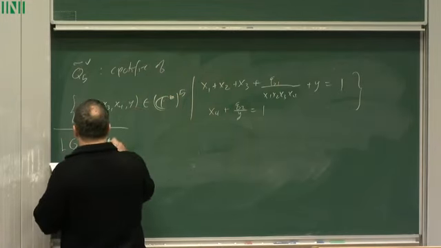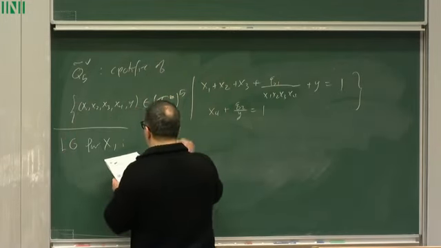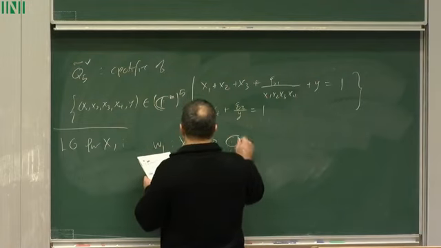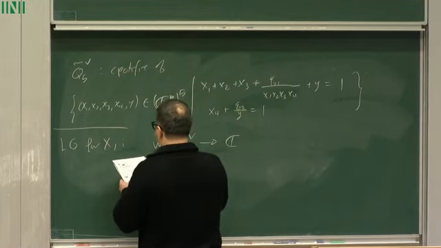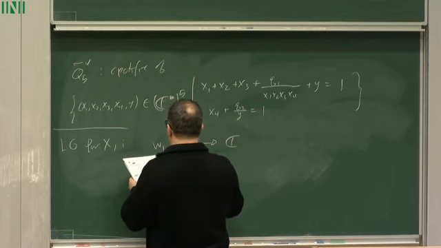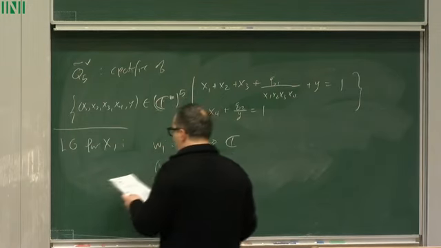LG for X1 is given by the superpotential W1, X1 check to C, sending X1, X2, X3, Y1 to Y1.